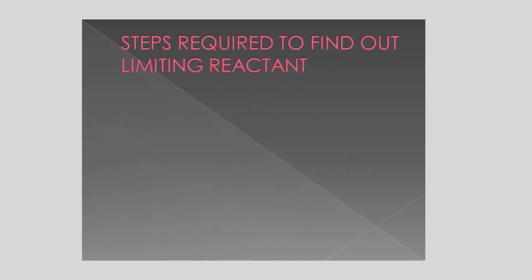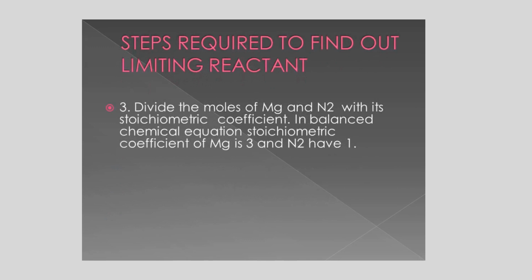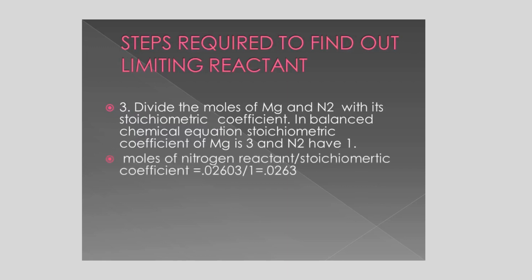The next step is to divide the moles of magnesium and nitrogen by their stoichiometry coefficients. In the balanced chemical equation, the stoichiometry coefficient of magnesium is 3 and nitrogen has 1. So, the moles of nitrogen divided by its stoichiometry coefficient give 0.0263.